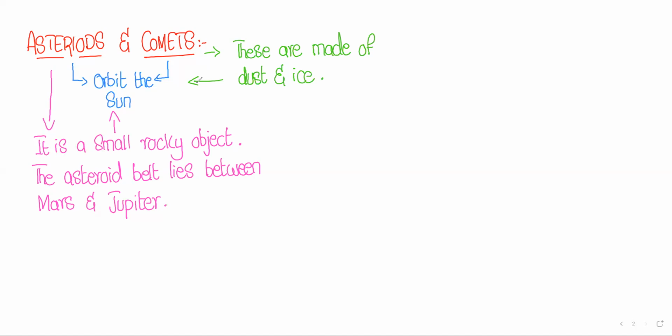And further, if we talk about comets, because there is ice in comets, we know that at different temperatures ice will start to melt.